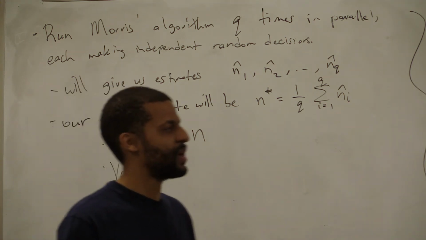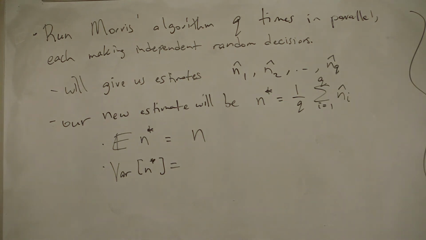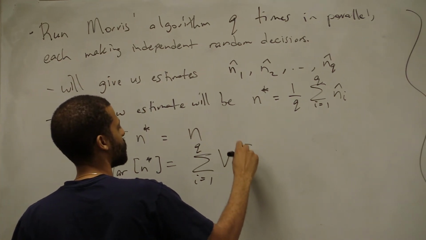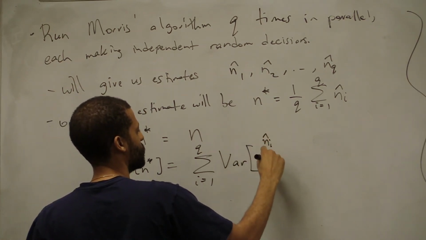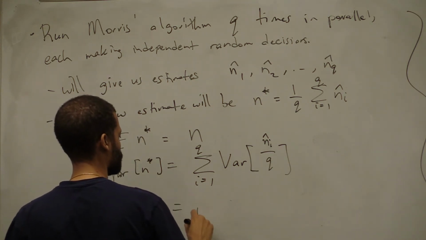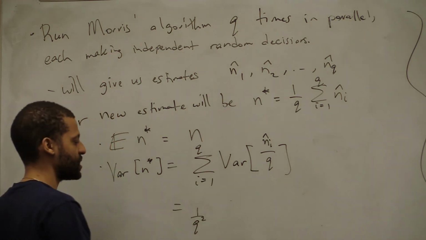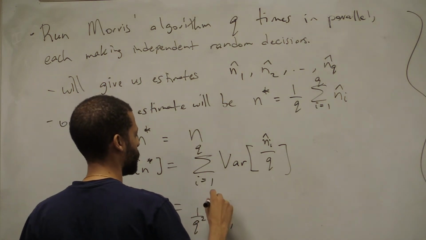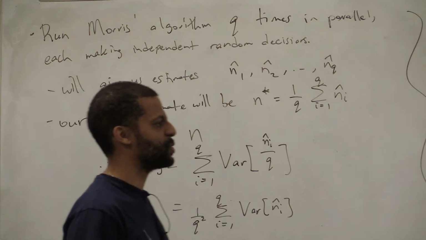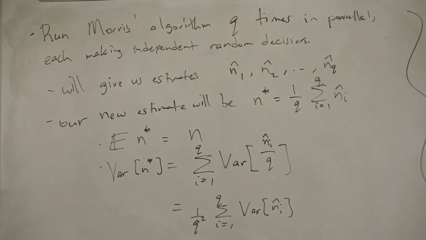And the variance of n star: because we're running these parallel copies of Morris with independent randomness, the variance of the sum is the same as the sum of the variances. So the variance of n star is equal to the sum, i goes from 1 to q, of the variance of ni hat over q, which by fact 2 is 1 over q squared times the sum of the variance of ni hat, which we know from last time is at most 1/2 n squared.